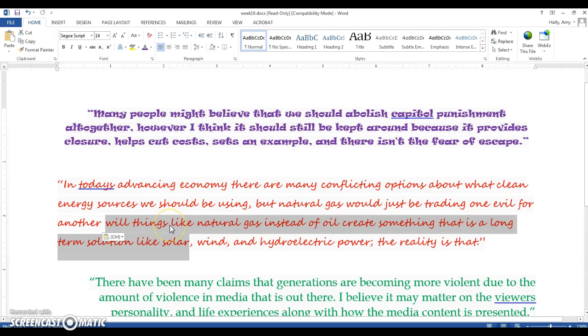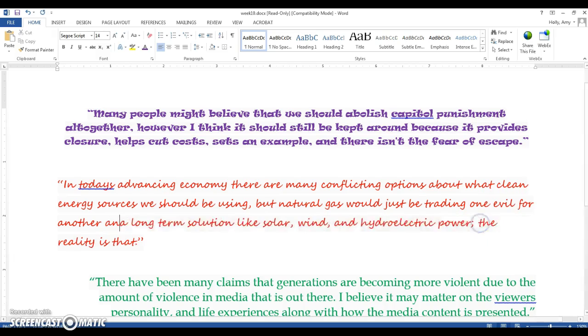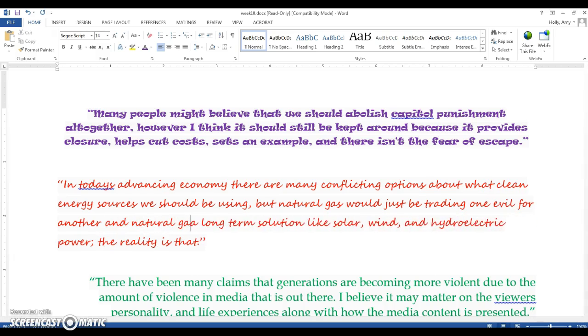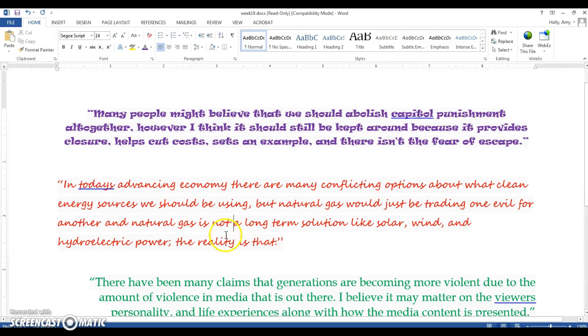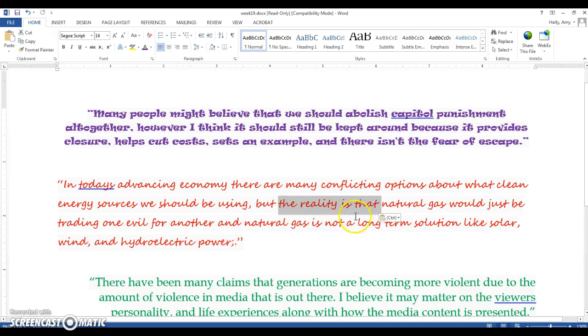So I would just flip this around to be more of a statement than a question by saying and would not, is not, like solar, wind, and hydro. And then this reality statement is a good one that we want to save. So we'll move that up here.